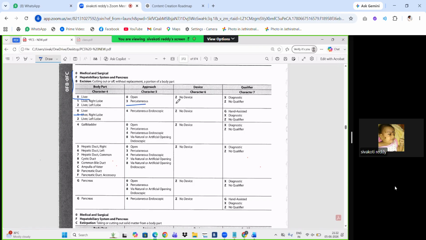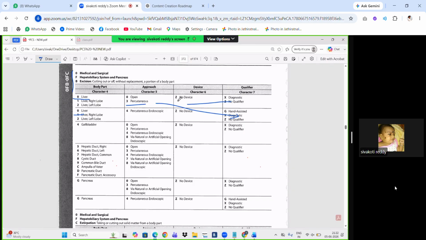Then Z. If you take the body approach in this table, we need to take the remaining characters also in this table only. We should not cross the table. You should not cross the tables while you are leading the code. If you are taking the approach, you need to take the device and qualifier also in this row only. The given line means the table has ended. We should not cross the lines.